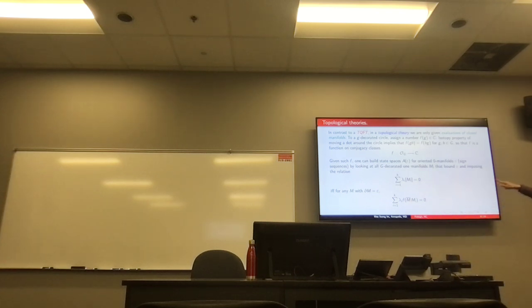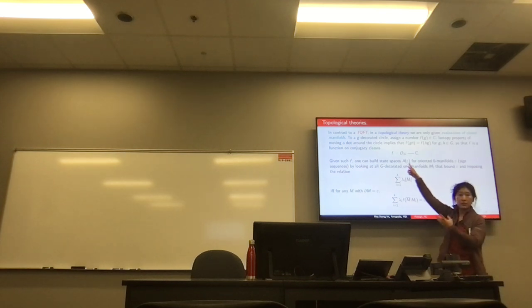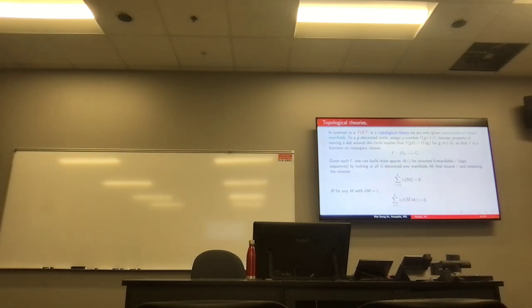So given such an f, lowercase f, you can build this notion called the state space. Think of these as vector spaces. State space for oriented zero-dimensional manifolds epsilon. These epsilon are sequences of pluses and minuses.